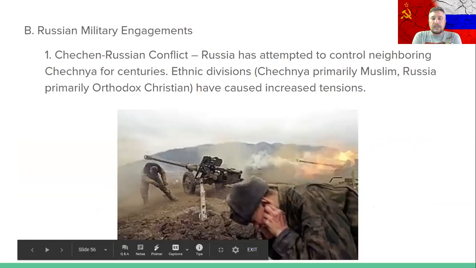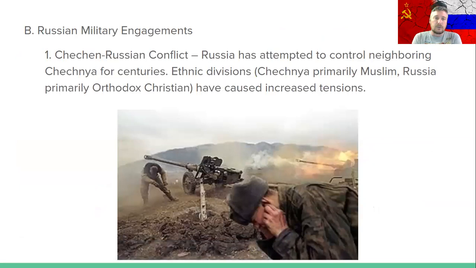Now, it is interesting to take a look at some of the Russian military engagements, and I'm kind of working my way up to Ukraine and some of the modern engagements. But if you go back to the 1990s, and this goes well back before that, Russia has had some of the major wars with, in particular, one of their southern regions called Chechnya.